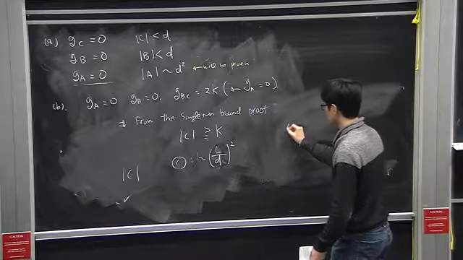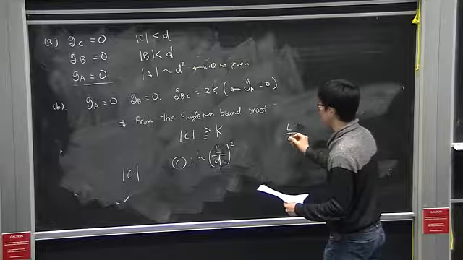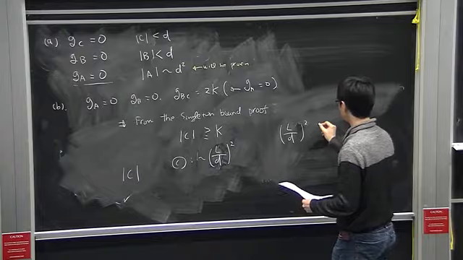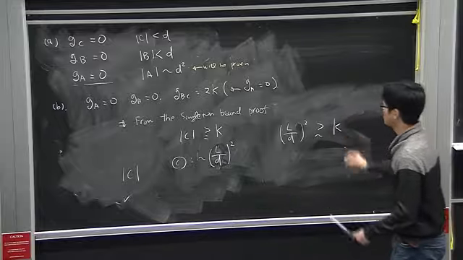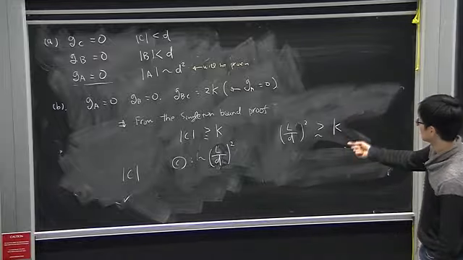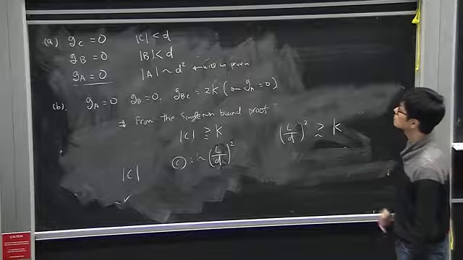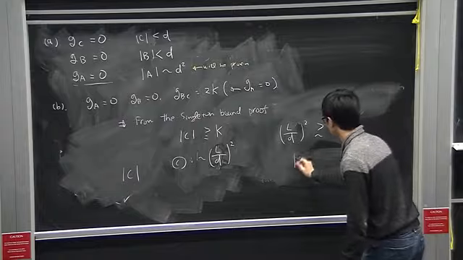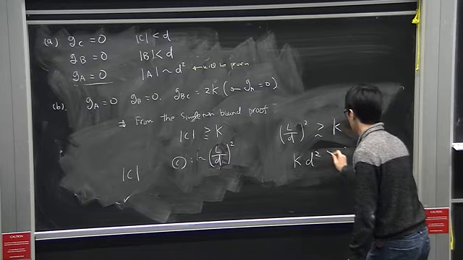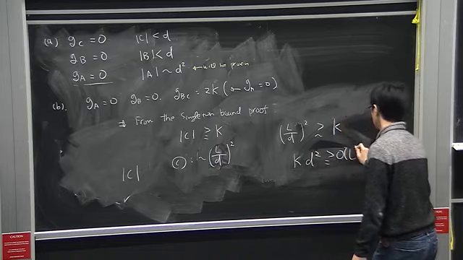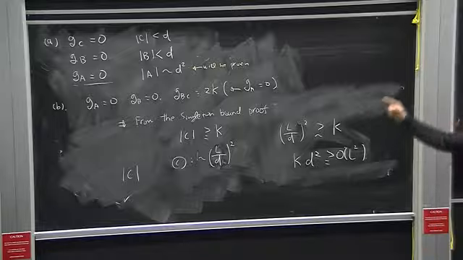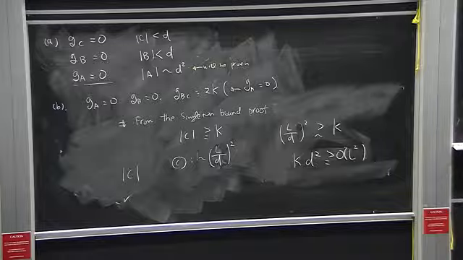So this means that L over D squared must be roughly larger than K. Then you can derive this result. That's how you can prove this result.